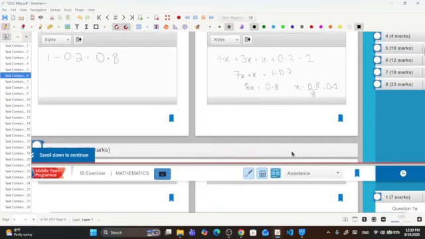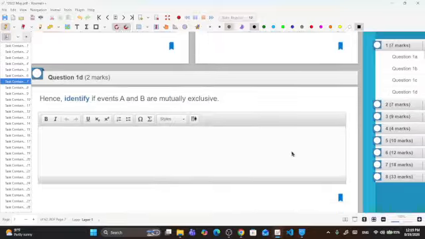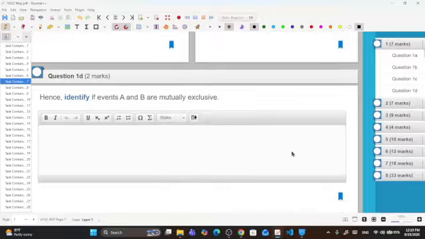Then what have we got? Then it says, hence identify if events A and B are mutually exclusive. So we can see here that A and B are not mutually exclusive.